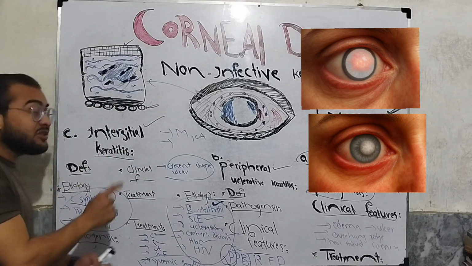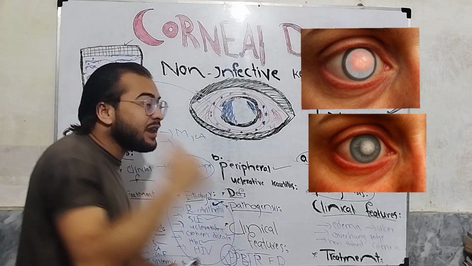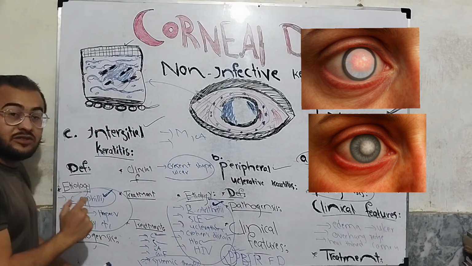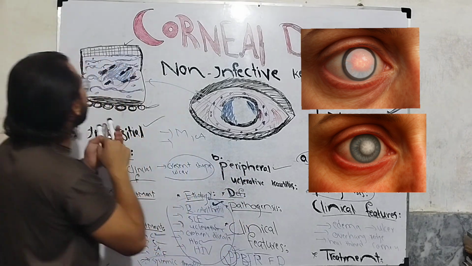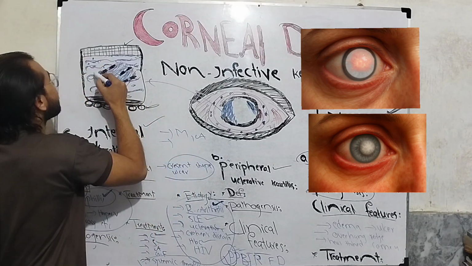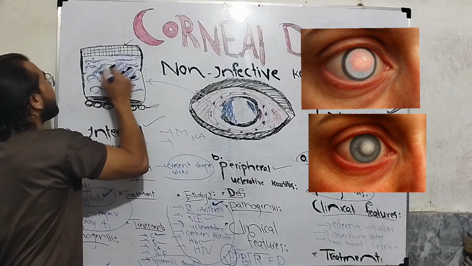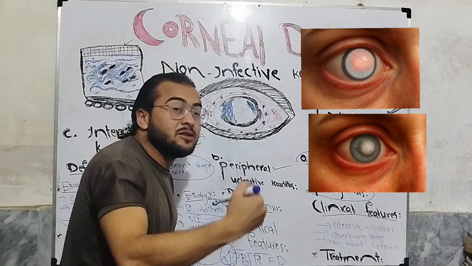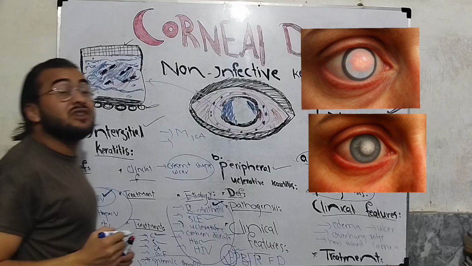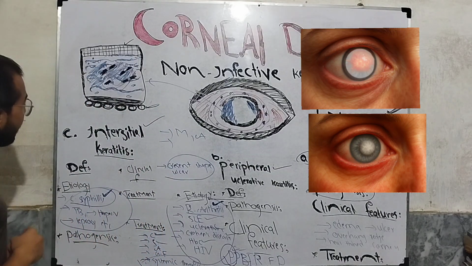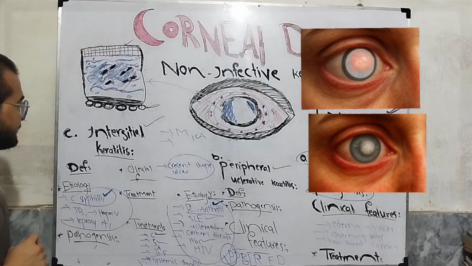The immune system will be activated against these antigens, but the immune system can also mistakenly attack its own tissues, for example the corneal stroma, and it will cause the edema. So direct deposition or cross reactivation can occur in interstitial keratitis. This is the pathogenesis of interstitial keratitis.